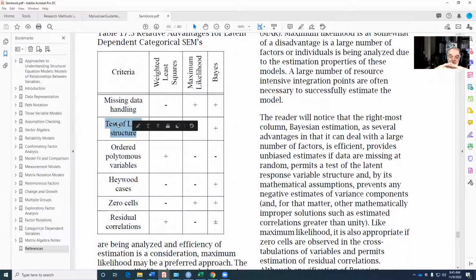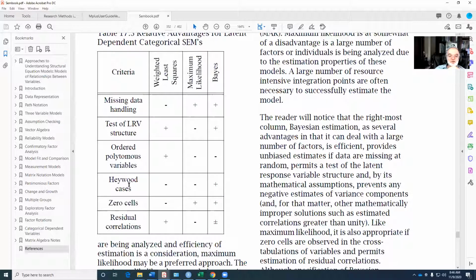I can look at whether the mean and variance are the same or different over time. And that's fine. Ordered polytomous variables are much easier to do with weighted least squares.